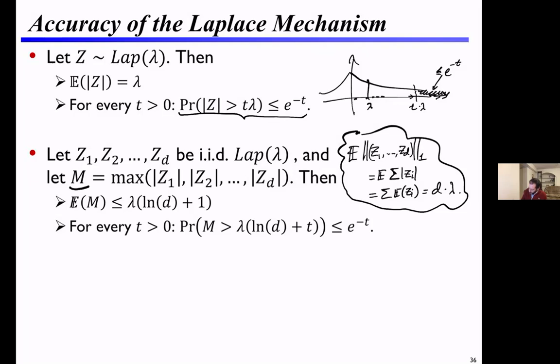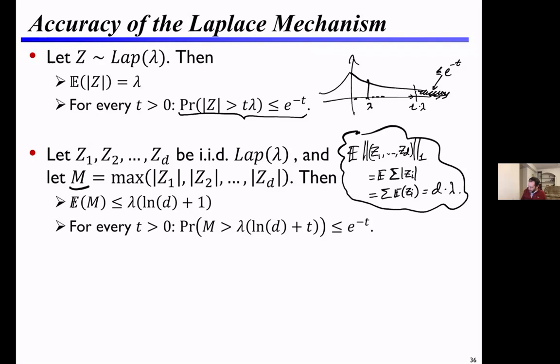A useful fact is that the expectation of M is at most lambda times the natural log of d. So the expected magnitude of the worst error doesn't increase too quickly as the number of entries of the vector increases.